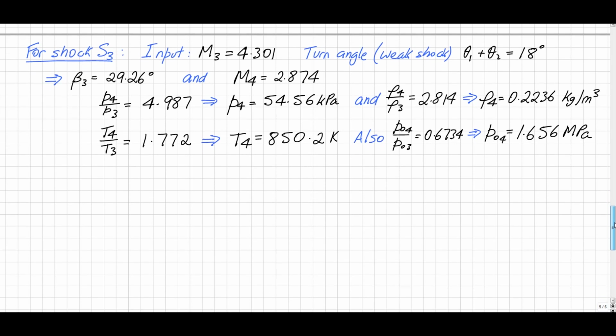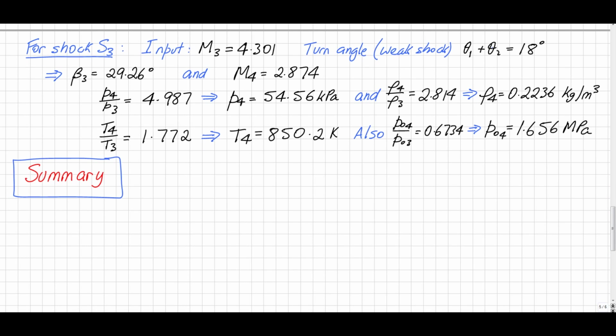Just slide the screen down. And let's now summarize the results by looking at the performance of this as an intake. So let's look at the overall compression of this intake, and we'll look at that in terms of a few parameters. Let's look at the area contraction first, and I'll look at that in terms of the initial area to the final area.